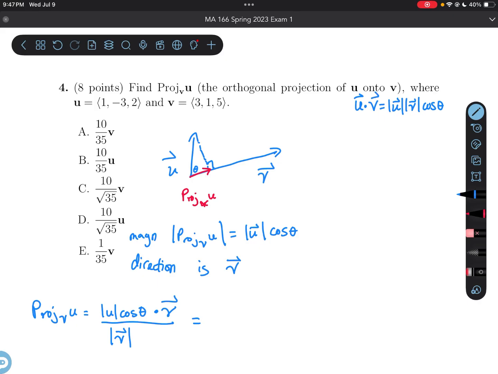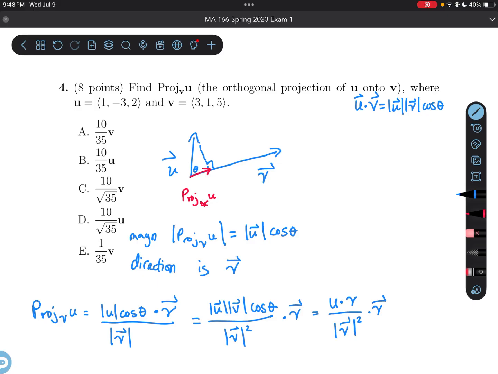So what we can do is we can multiply the magnitude of v on both the top and the bottom. Okay, and essentially we get u dot v over the magnitude of v squared times vector v.